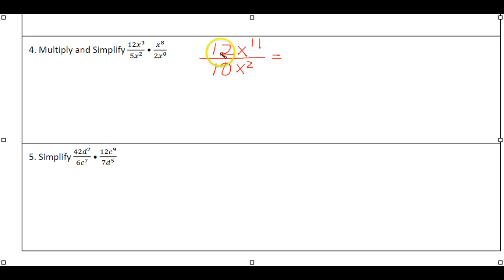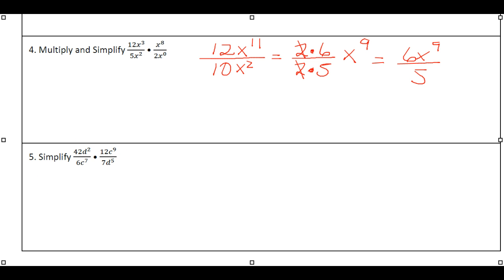Now we can factor out a 2 there, so we can go 2 times 6 over 2 times 5. And then as we bring our 2 up to our denominator, subtract it, that's going to give us x to the 9th there. And the 2's just cancel off. And so our answer is 6x to the 9th over 5.